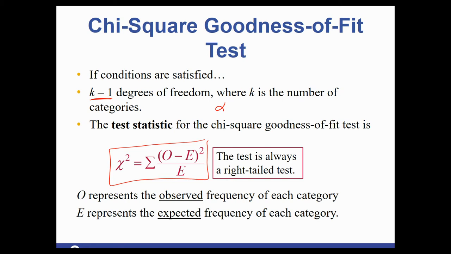Chi-squared is equal to the sum of (O minus E) squared over E. O and E stand for your observed and expected frequencies. We'll see how to find both of those in just a moment. As far as the sketch and your critical value are concerned, these are right skewed and right tail shaded. All of your chi-squareds are going to have a rejection region on the right, and fail to reject on the left.